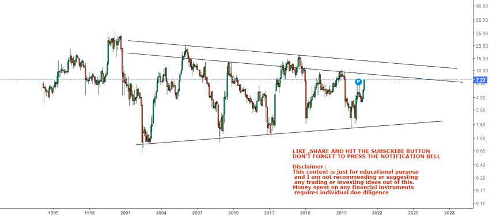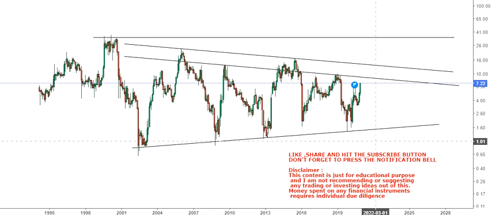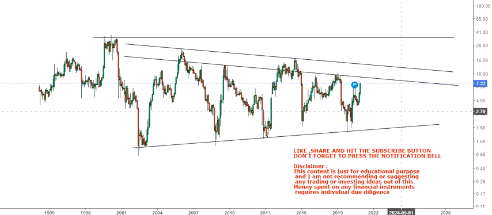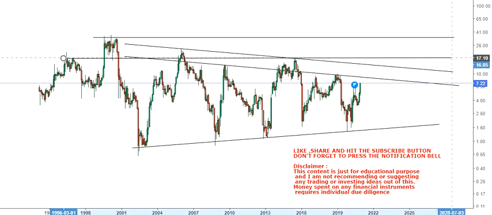Now before telling the targets or the levels, I just want to say one thing, because there are some queries asking why I should believe that you are drawing some lines and the price will behave in the same way. That's a genuine question, and a very common one.